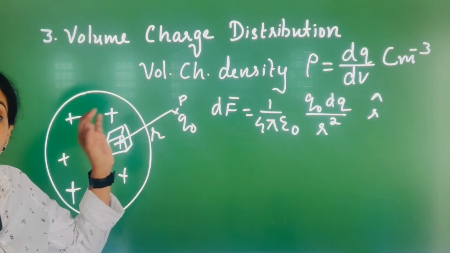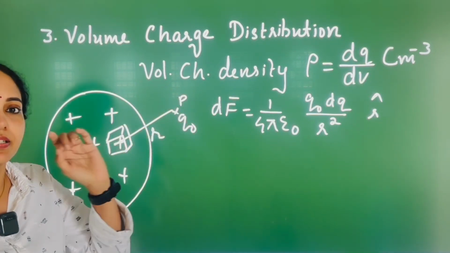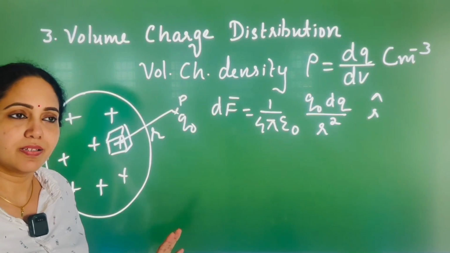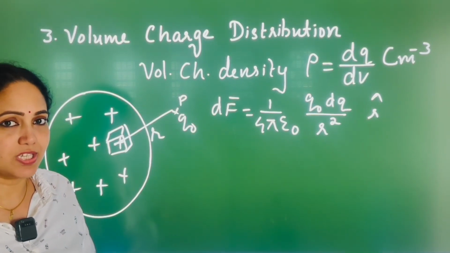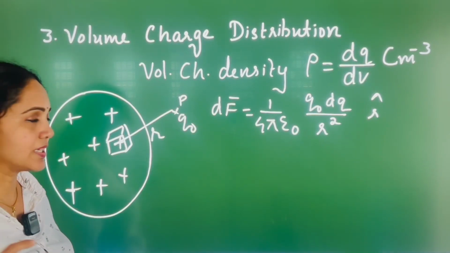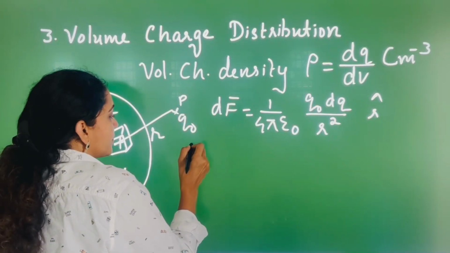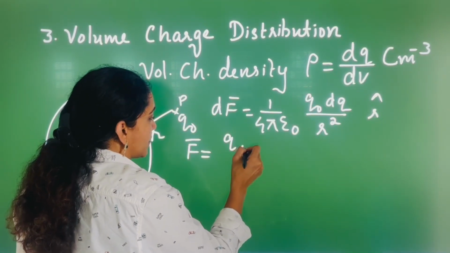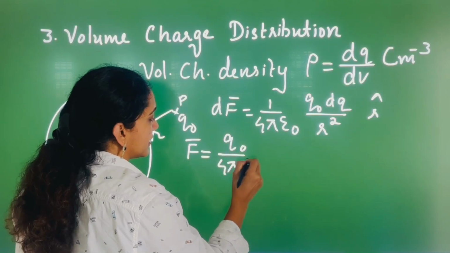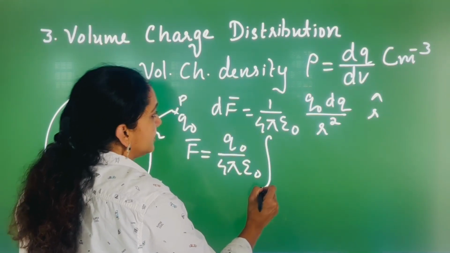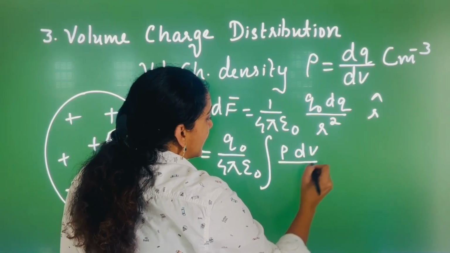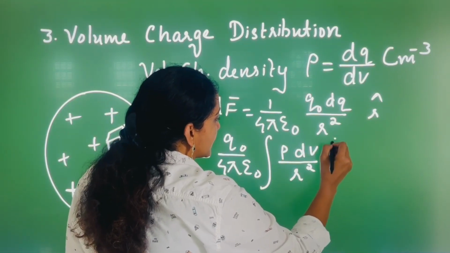For finding the total force due to this volume charge distribution, we have to integrate. The case is similar to line charge distribution and surface charge distribution. So F is equal to, we can take the constants outside from the integral, dq can be written as rho dv divided by r square unit vector r.